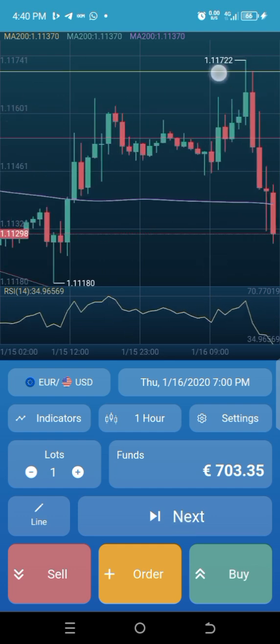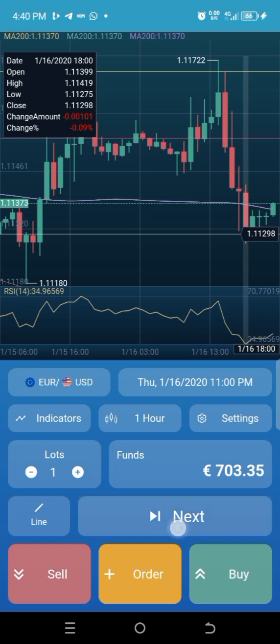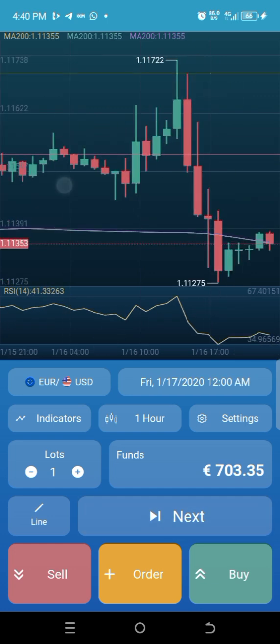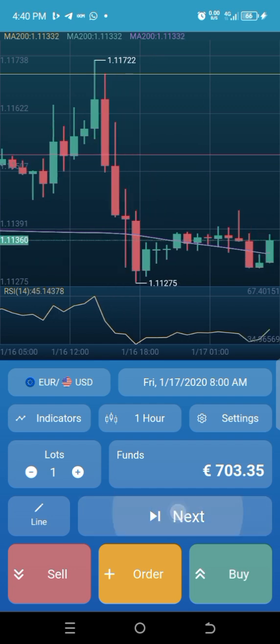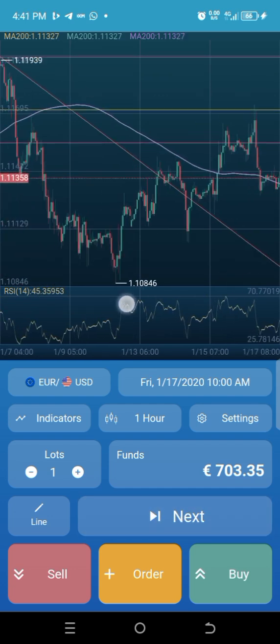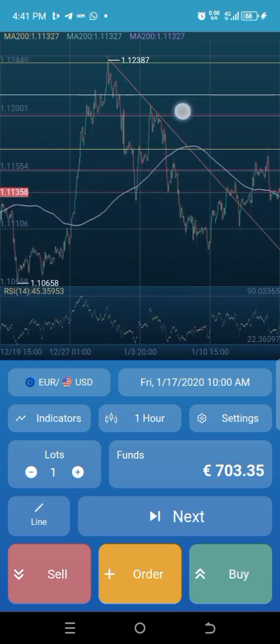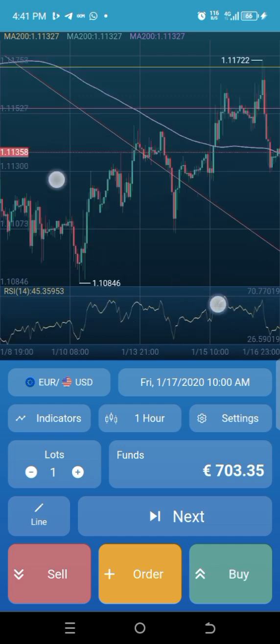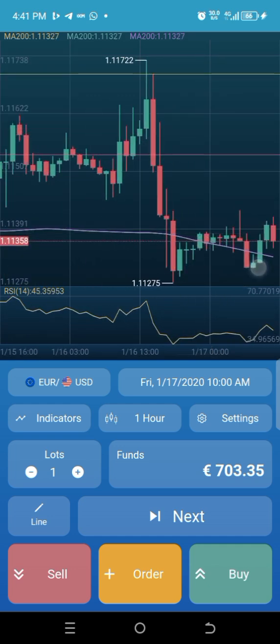Price came and hit this. Not yet. So it's debatable. It's really debatable. Ideally, I would have trades within this area up here. But now, price just wicked it and formed this trade here.